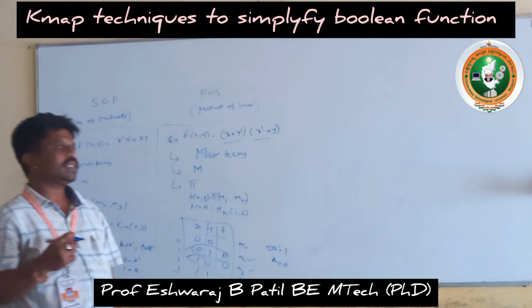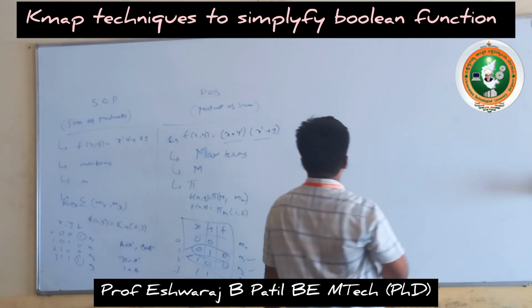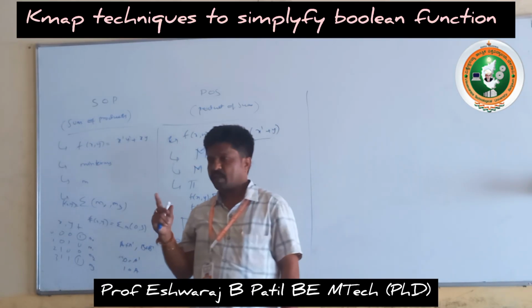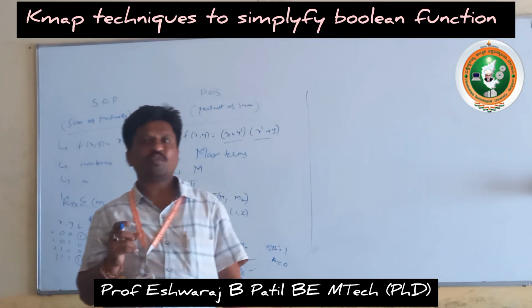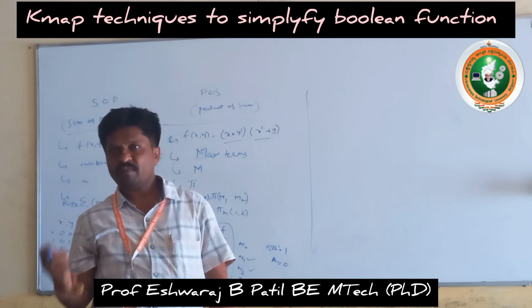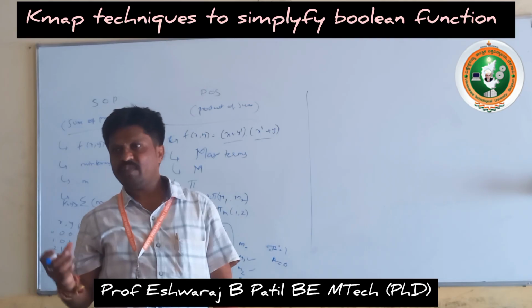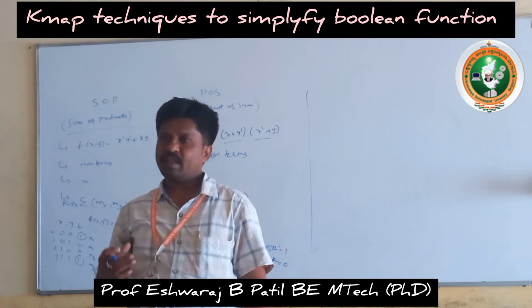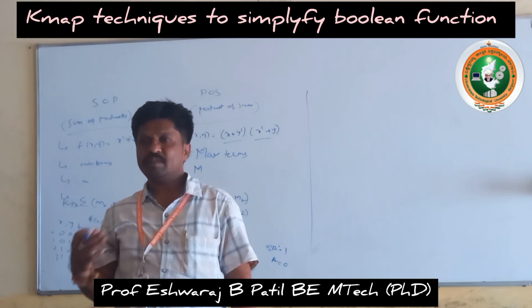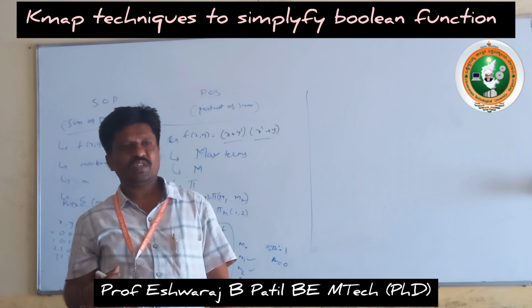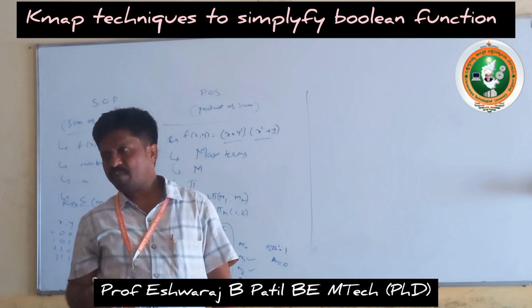This Boolean function simplification with the help of the Boolean theorems can be done up to 3 variables. If I have 2 variables in the Boolean function, I can easily simplify it with the Boolean laws. If I have 3 variables, I can also easily simplify it with the theorems and postulates, such as the distributive law, associative law, identity law, and De Morgan's law.